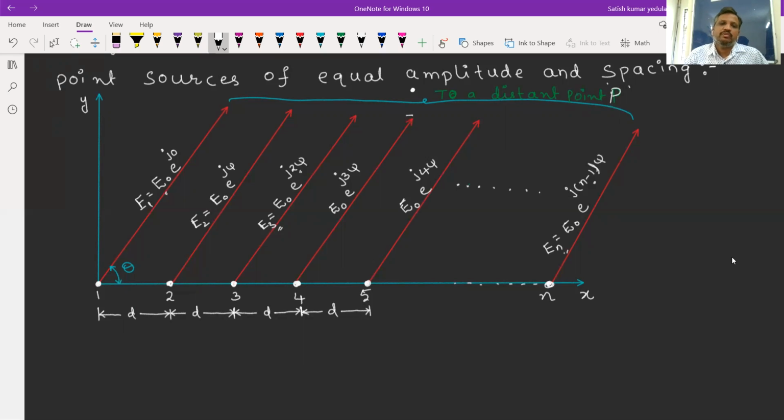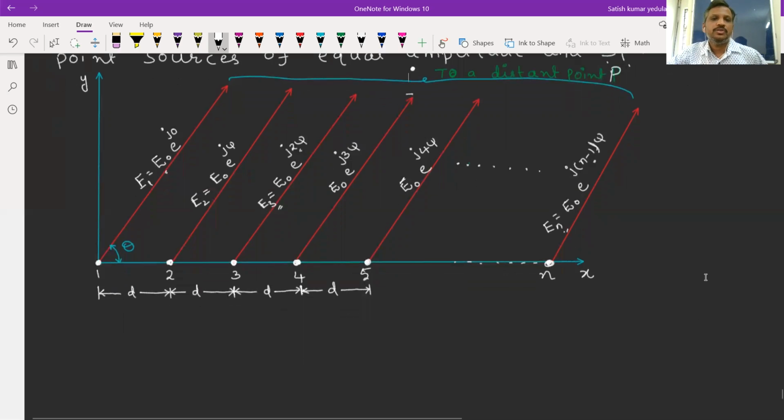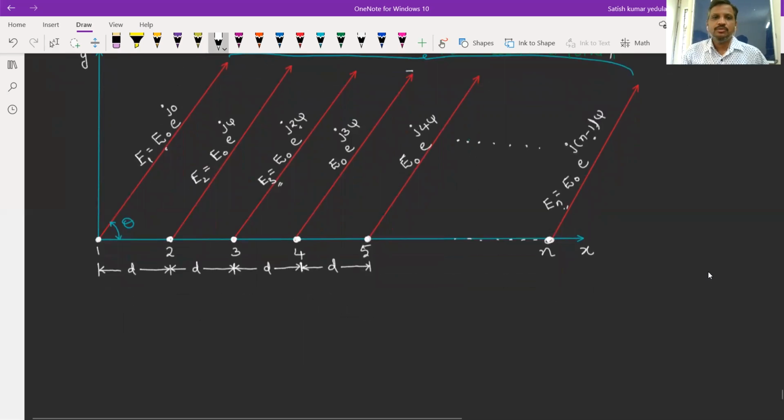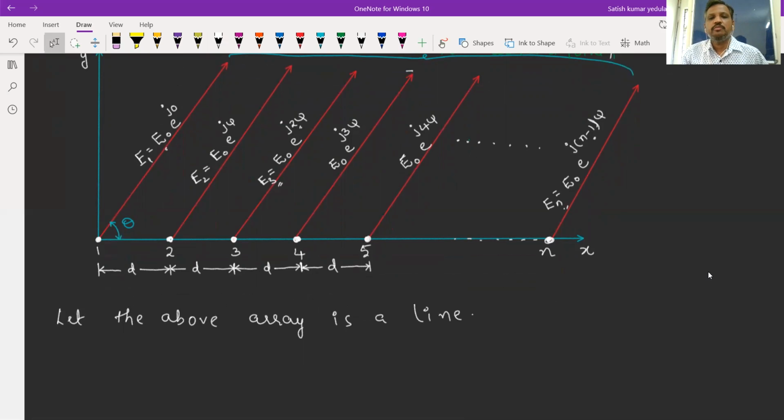But before that, we will try to see the analysis of this first. Let us assume the above array is a linear array. What do you mean by linear array?